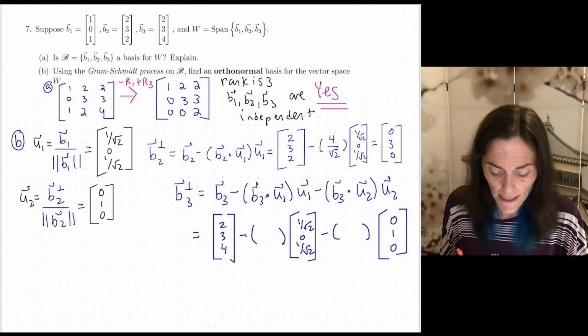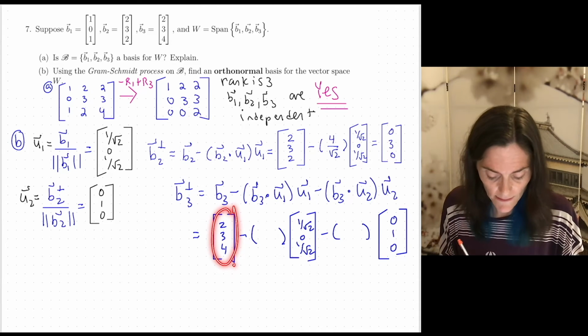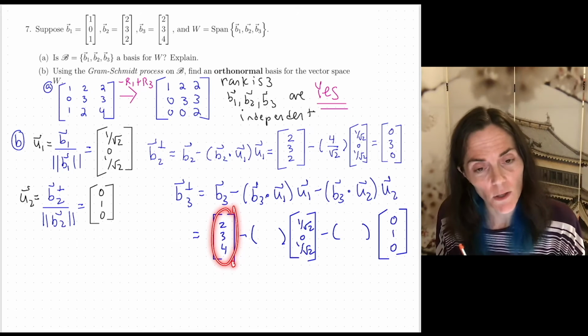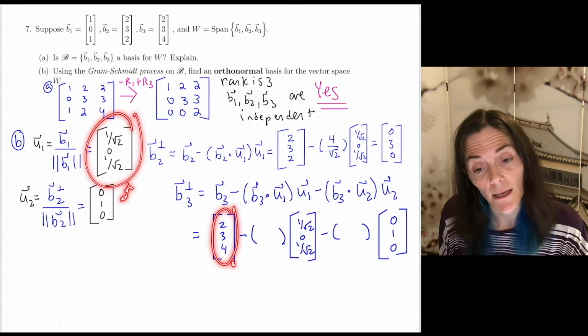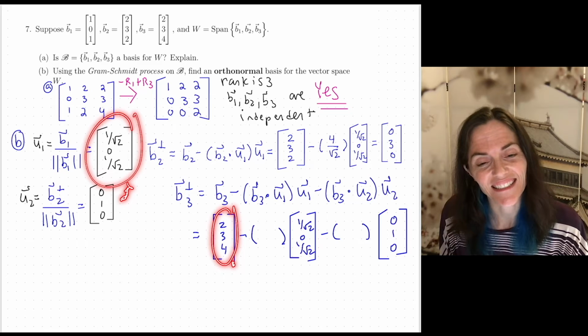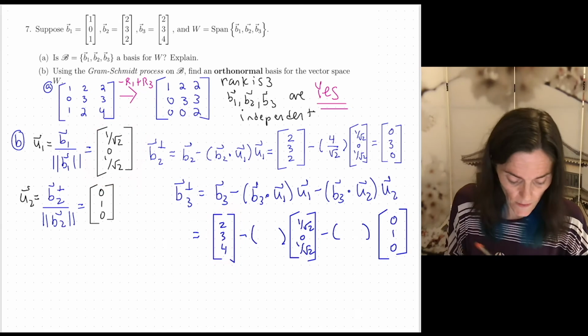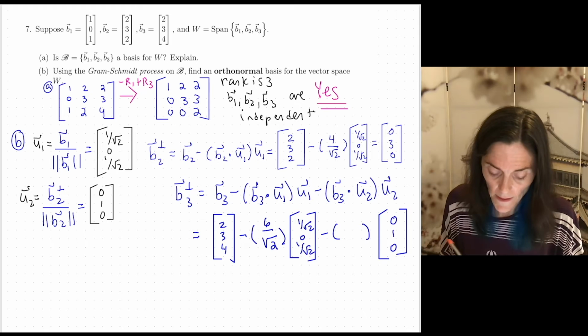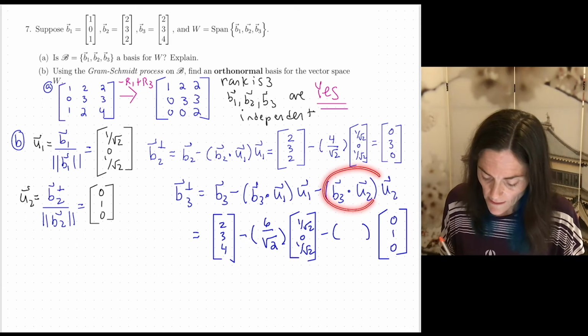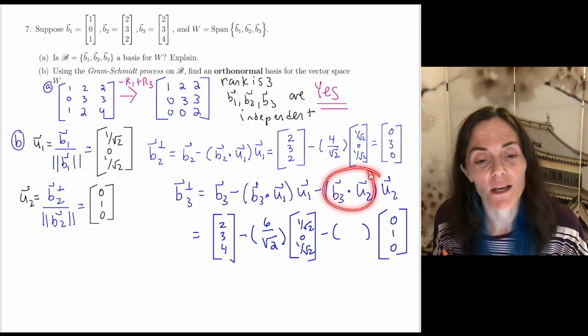Now we can calculate. So we take this, first of all, and we dot product with this vector. And when we do, we get 4 plus 2, which is 6 over the square root of 2. Then, now we need this, B3 dot U2.